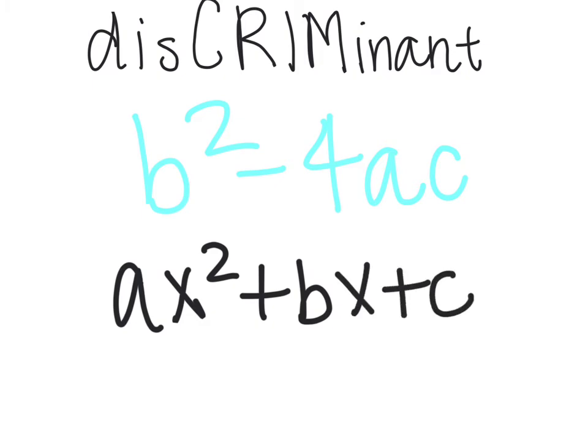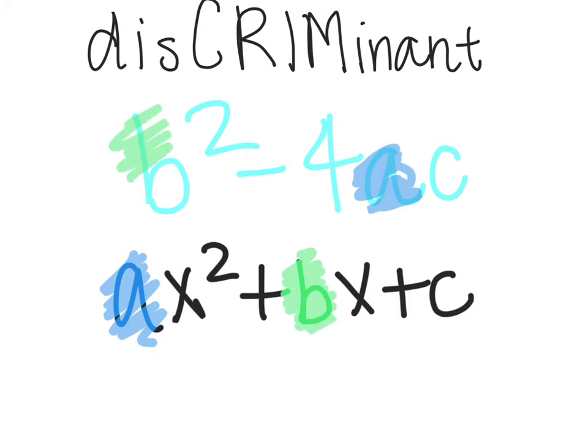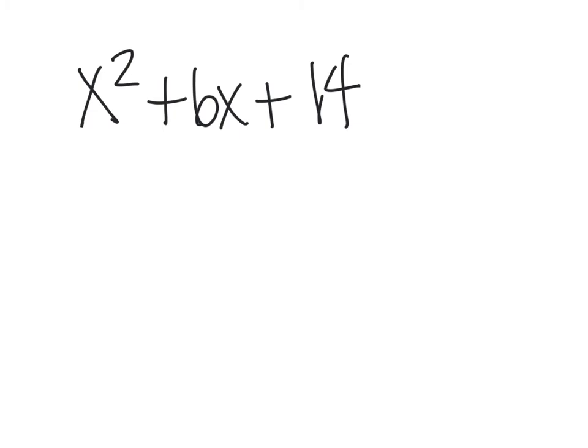Whatever number is in front of x squared goes in place of the a. Whatever number is in front of x is the part that we end up squaring. And whatever number is by itself on the end is the c value in our discriminant. We have the problem x squared plus 6x plus 14.